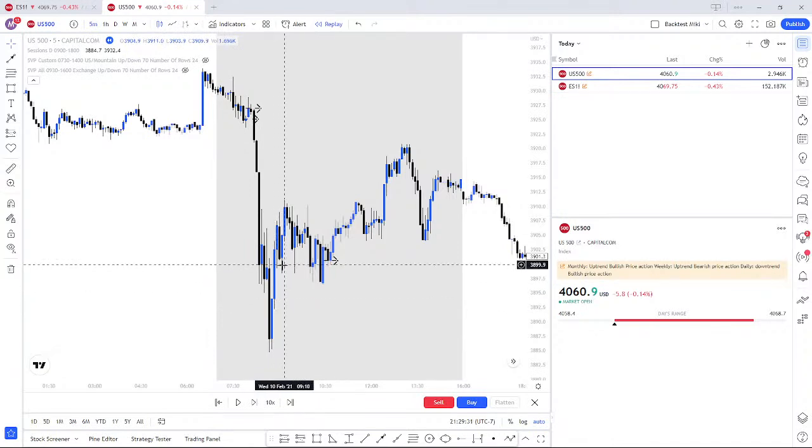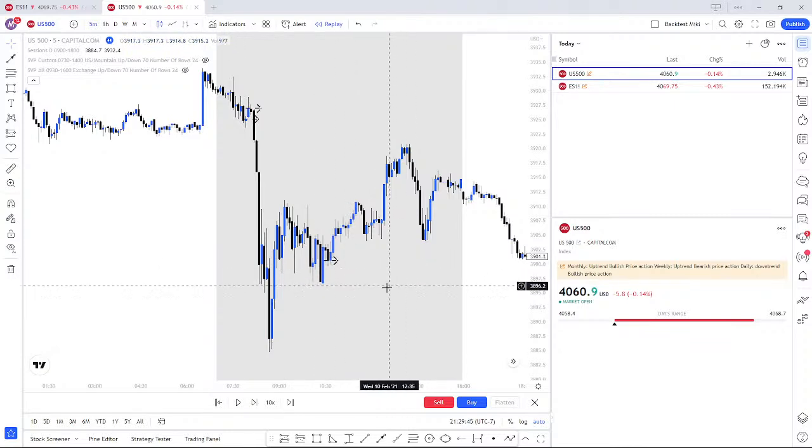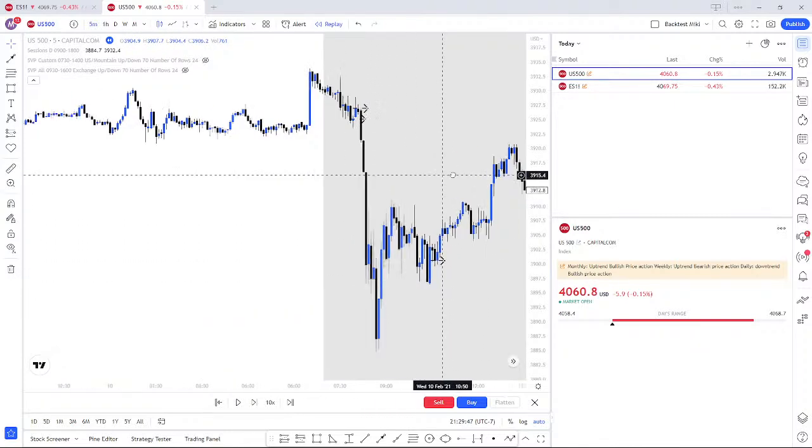But price kept on rejecting from here, so when it broke, you just let it be, and then we get volume, and then we get a break again, but more volume. So either of these candles was not bad for the re-entry.